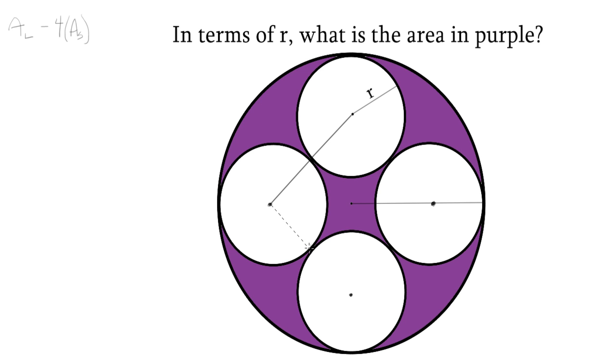And this distance right here is also 1 radius, and this distance right here is 1 radius, as is this, as is this, as is this, and as is this.